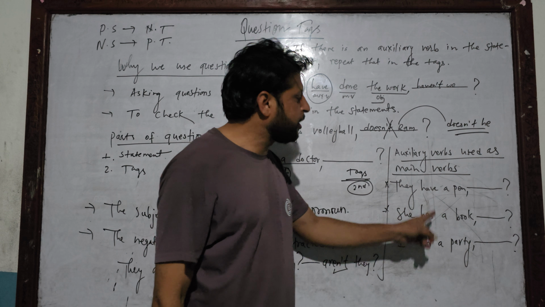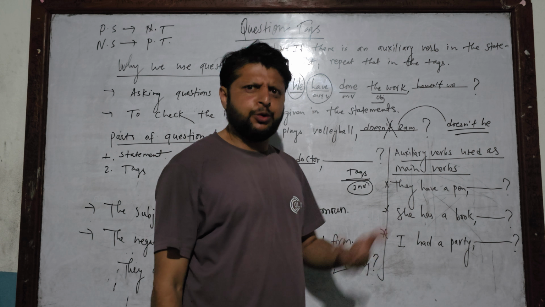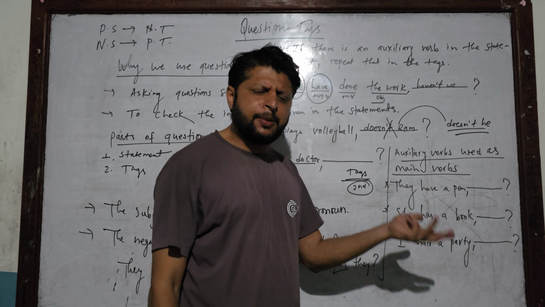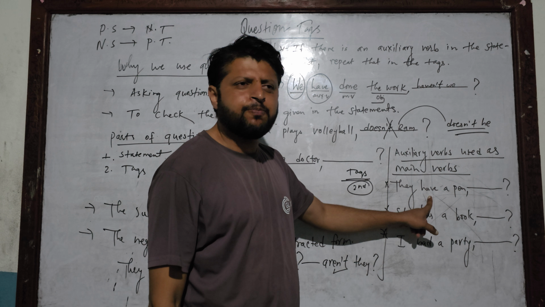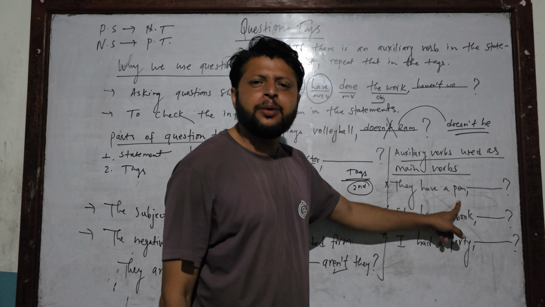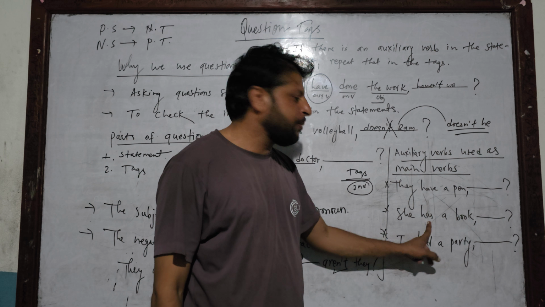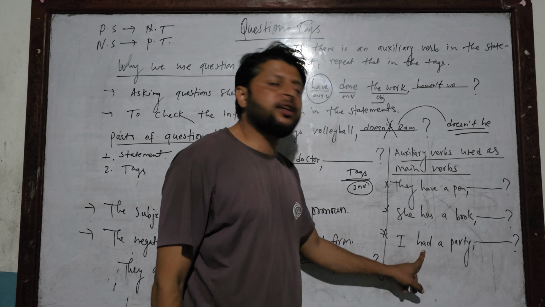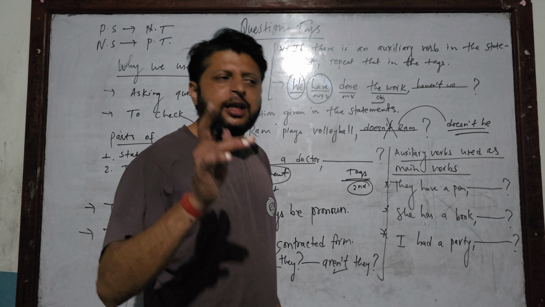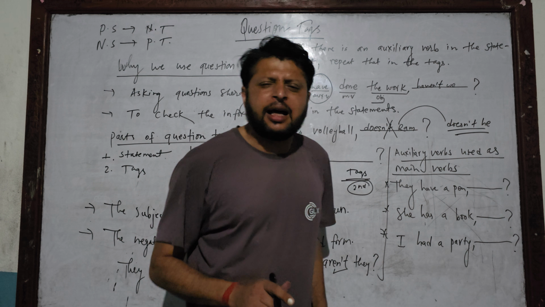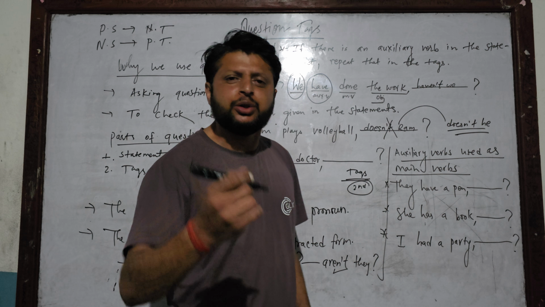Rather, they are used here as main verbs. So you can ask me how to find out whether it is used as an auxiliary verb or main verb. Look at here, after the auxiliary verb there is no main verb following it. So in such cases, you just have to understand that they are not used as auxiliary verbs, they are used as main verbs.